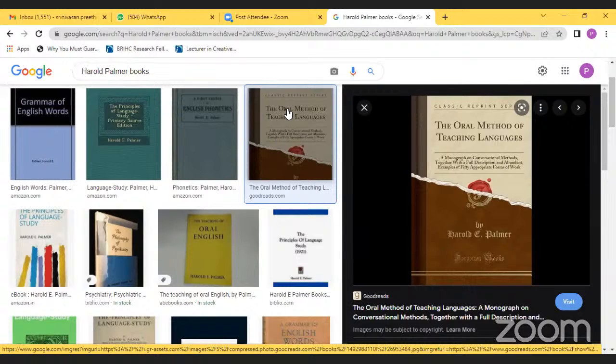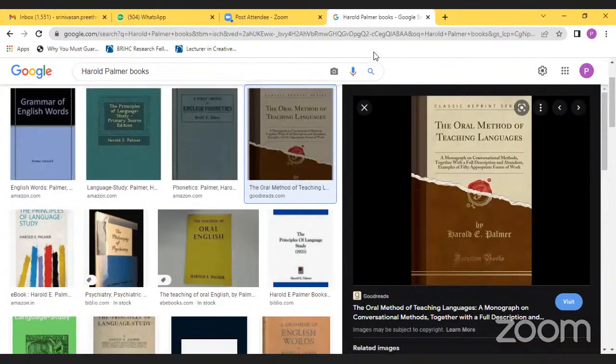And their predecessors were Otto Jespersen and Daniel Jones. So Otto Jespersen and Daniel Jones followed the direct method in teaching. And when we were college students, we used to follow Daniel Jones' book of phonetics. See, nowadays you have the phonetics available online.